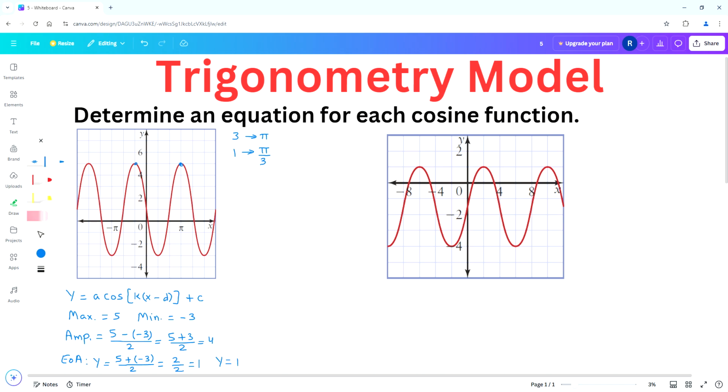That means the x-coordinate for the maximum point A is negative pi over 3, because this x value is 1 square to the left side of the origin. For the next maximum point B, the x value is pi. So the distance between points A and B can be calculated as pi plus pi over 3.